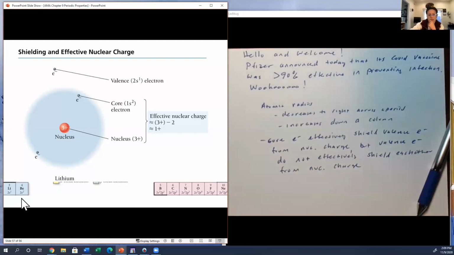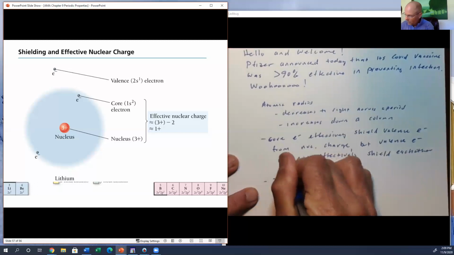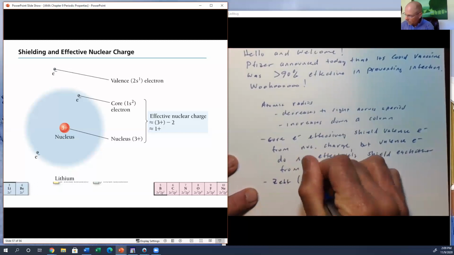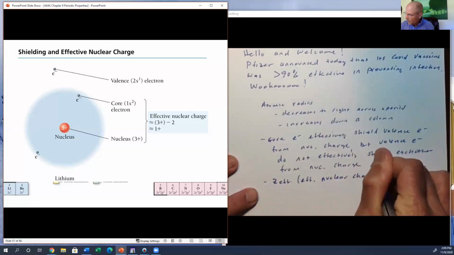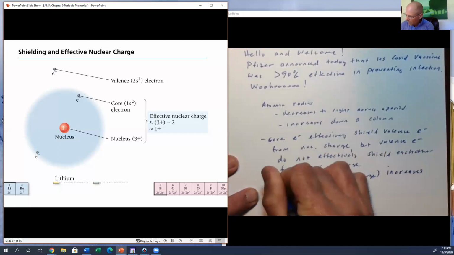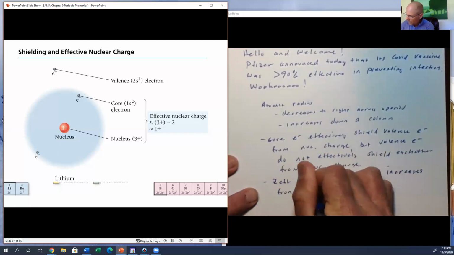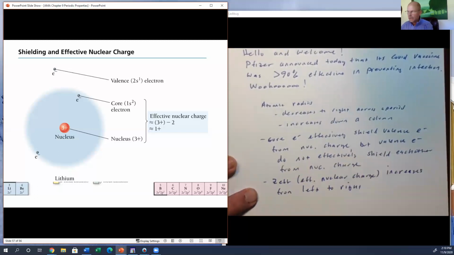So this Z effective, which is effective nuclear charge, increases from left to right in the periodic table, right? So since the effective nuclear charge increases, those outer electrons feel a stronger pull, so what happens to them?